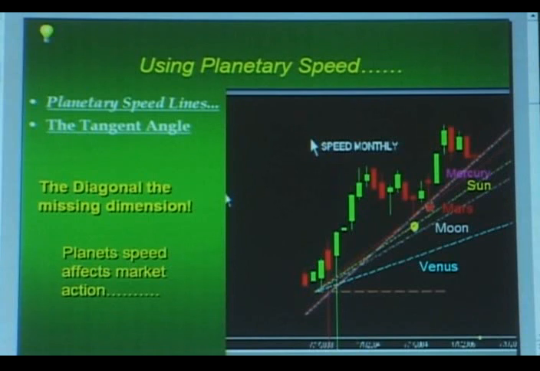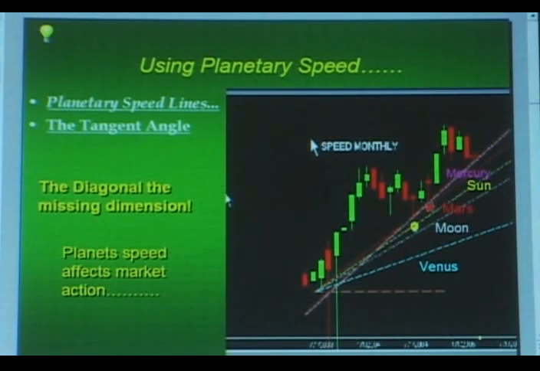They also work in combination. A lot of times there's a relationship between Sun and Mars, and they're confluent, or Moon-Venus, if they were confluent. One of the higher probability ones, I believe, is Sun-Mercury. Sun-Mercury planetary speed lines have quite a powerful impact on an uptrend. We've been on an uptrend on the S&P since 6/14/2006.